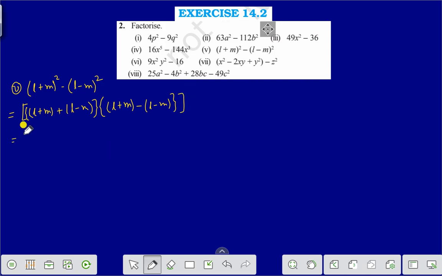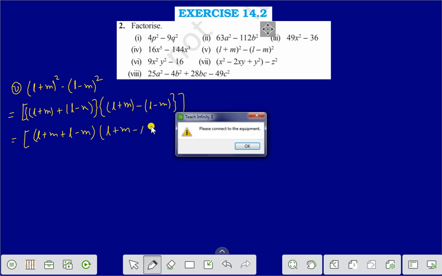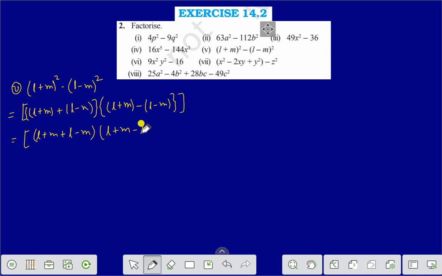Or in the third bracket, L plus M plus L minus M into L plus M minus L, minus into minus is plus M, plus M.